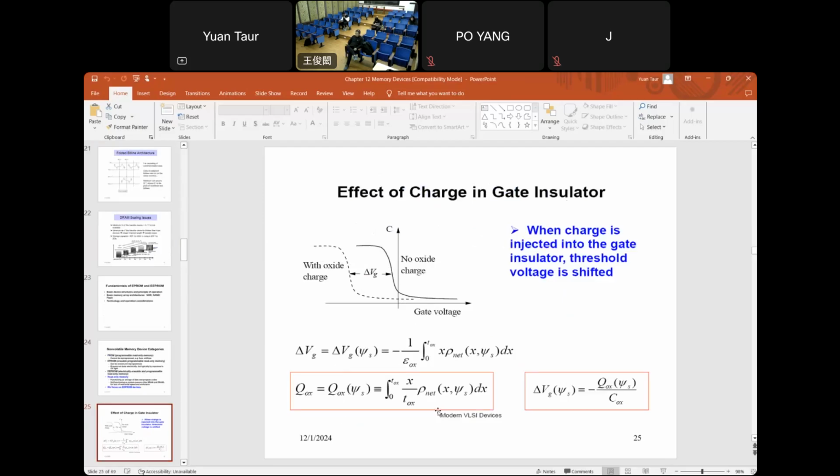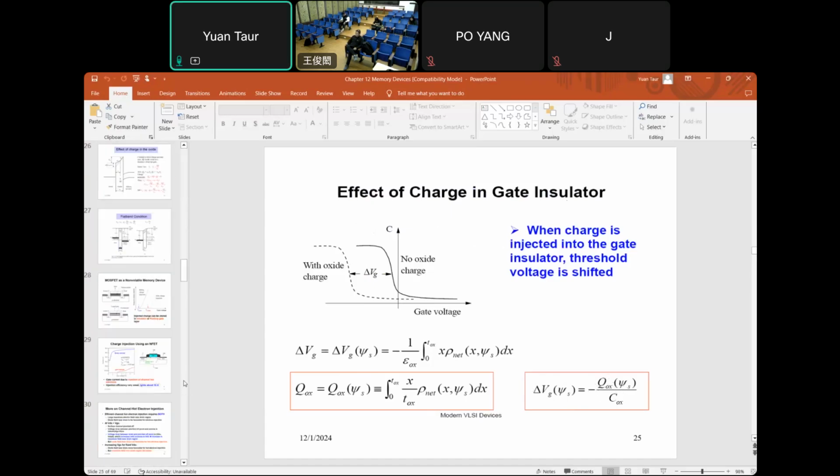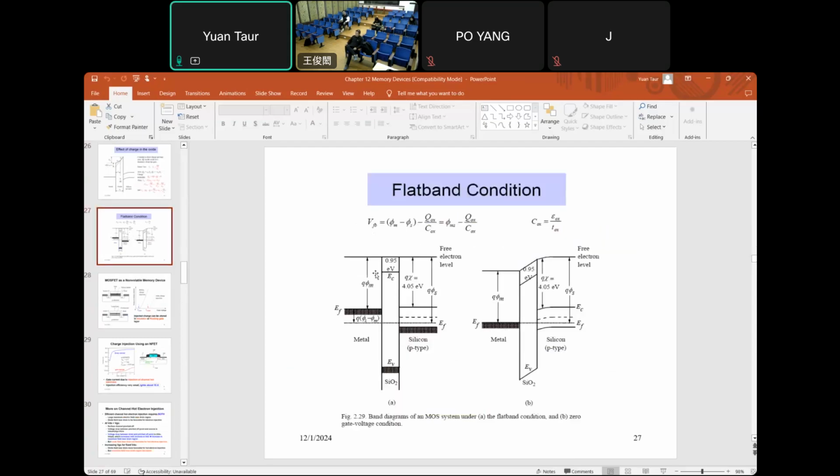So you can see that due to the charge in the oxide, the shift in the gate voltage is this term, which we have before: the shift is minus QOX over COX.